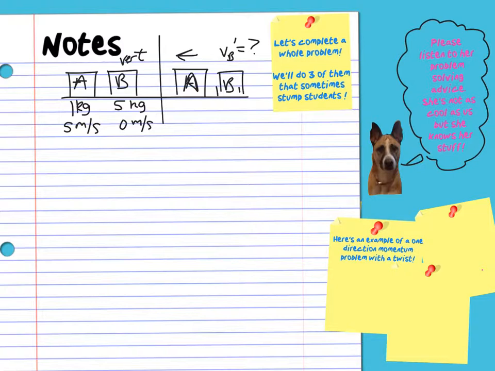We also know that A is moving at 3 meters per second afterwards, backwards, and we need to find the velocity of B after the collision. So we know that the initial momentum of the system equals the final momentum of the system.